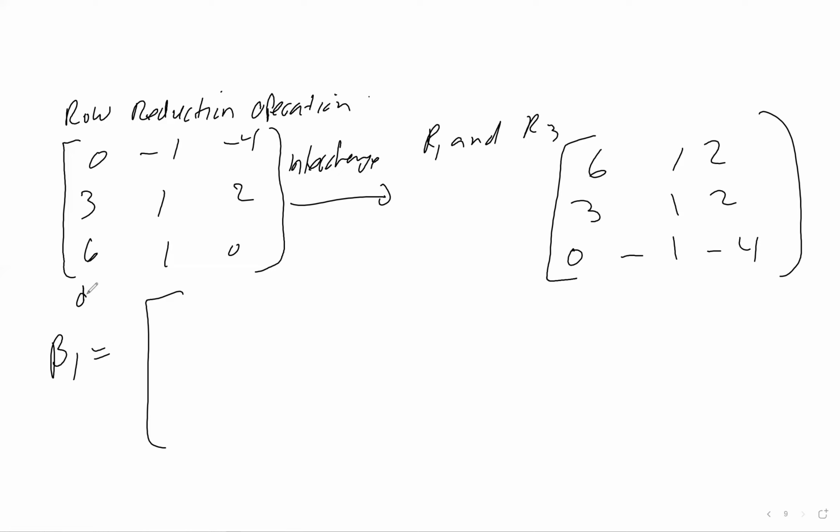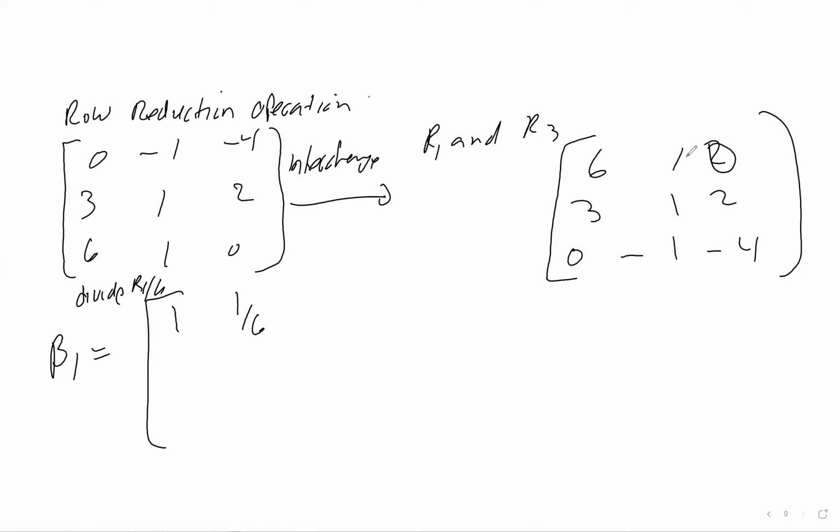by 6. So when we divide row 1 by 6, what we get is 6 divided by 6 is 1, 1 divided by 6 is 1/6, and 2 divided by 6, actually this is 0. No, so if we bring 6, 1, and that is 0.